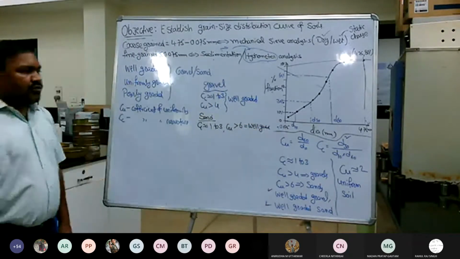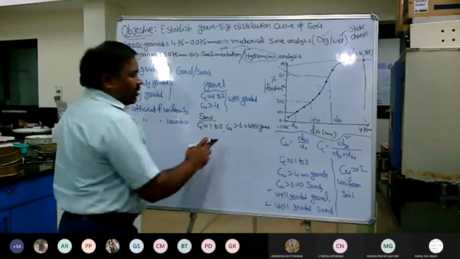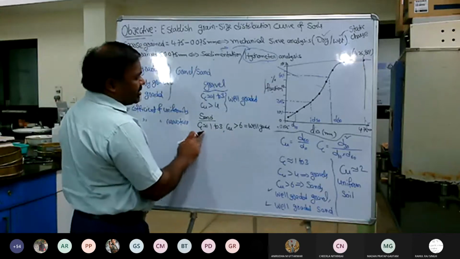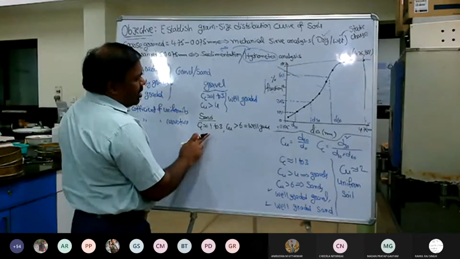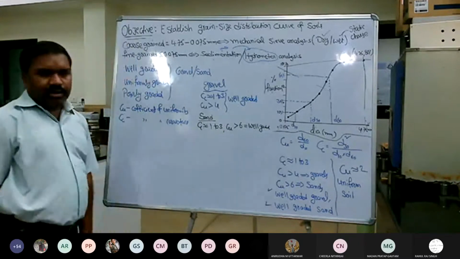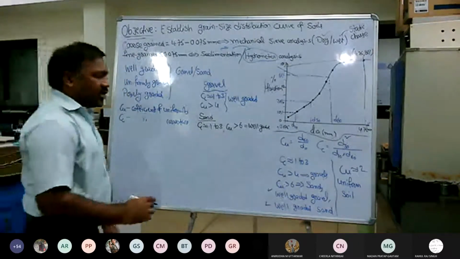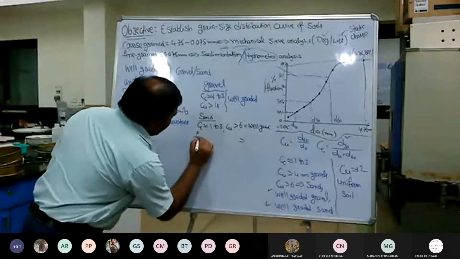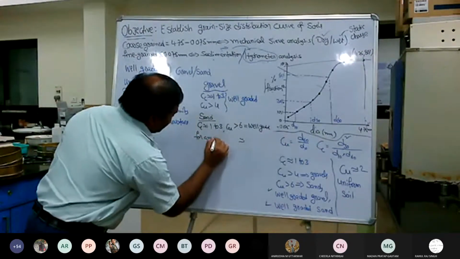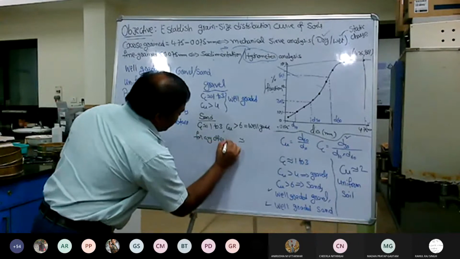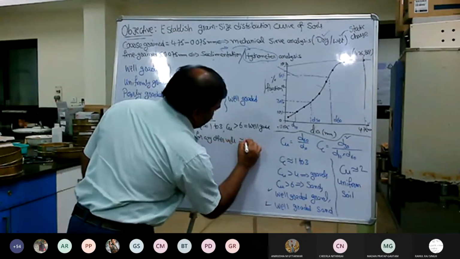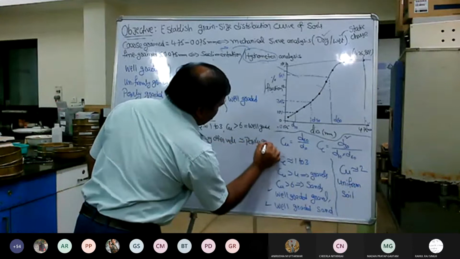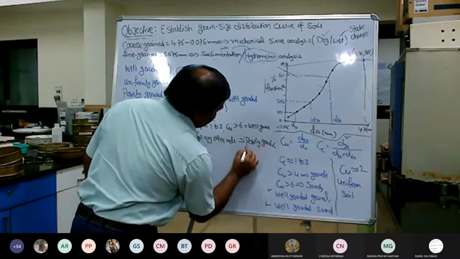For any other value, for example, Cu less than 6 or Cc less than 1 or Cc greater than 3, that soil is called a poorly graded sand.